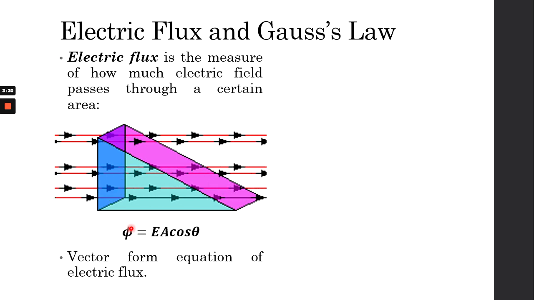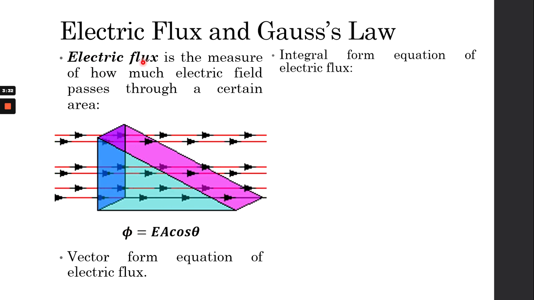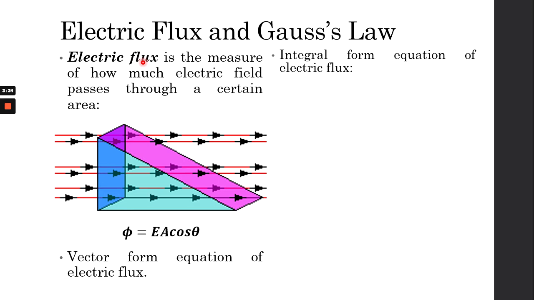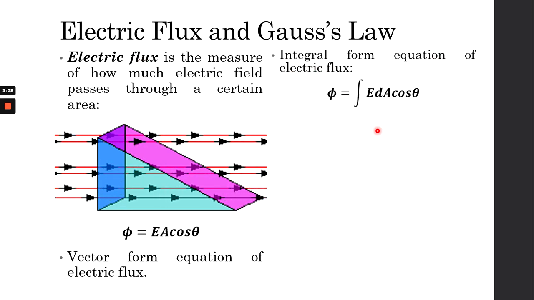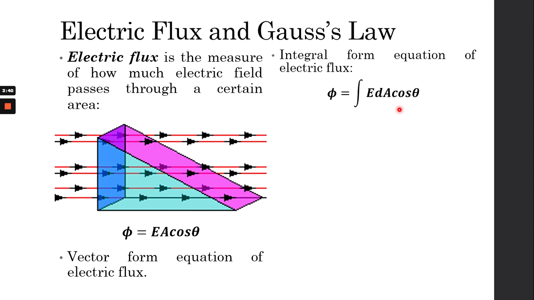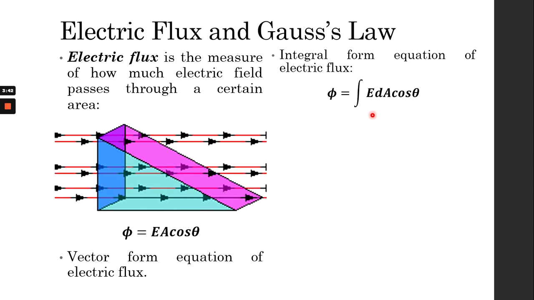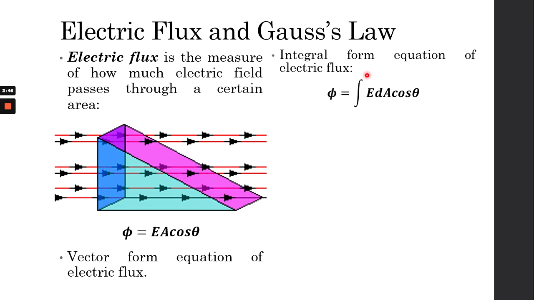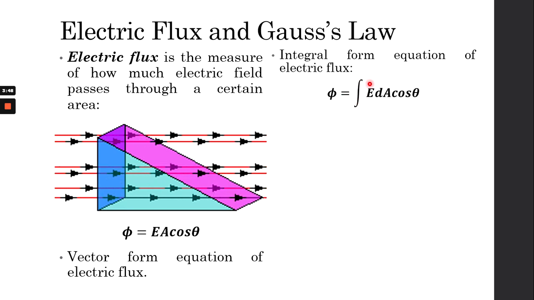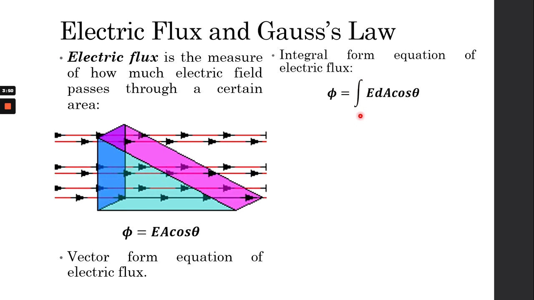Another equation that we can use to solve for electric flux is called the integral form of the electric flux. And this is the equation. You may notice it is very much the same, albeit it's an integral. When we talk about an integral, this sign right here that looks like an S is an integral sign.